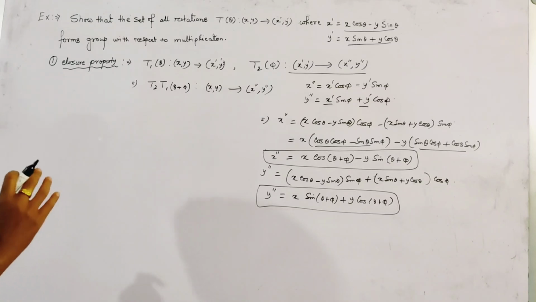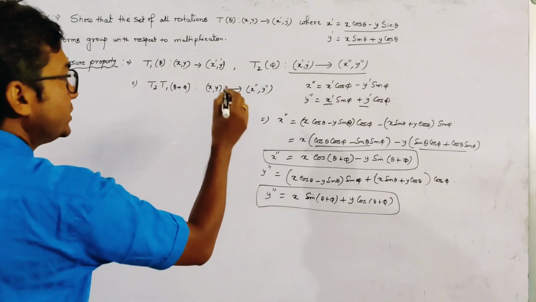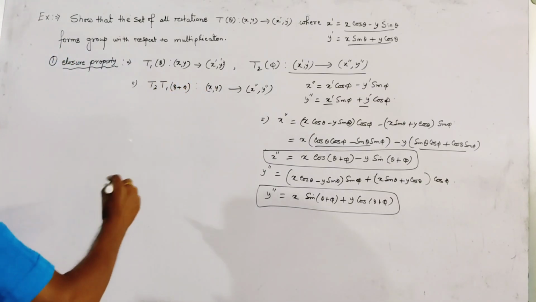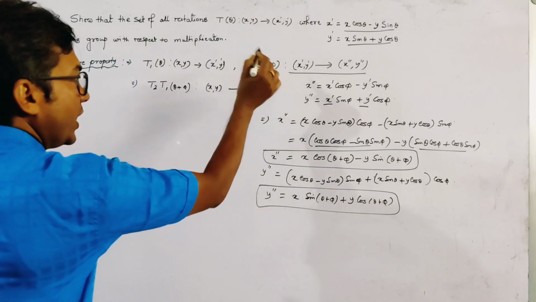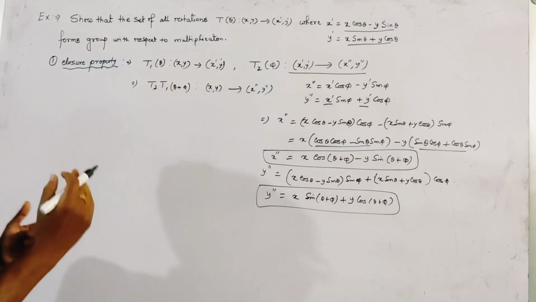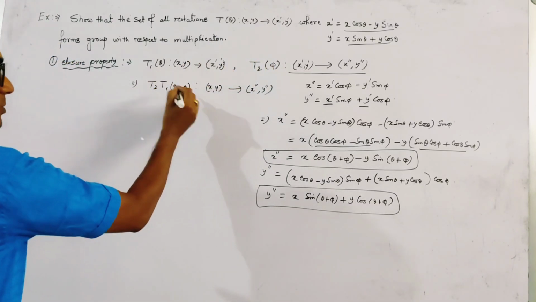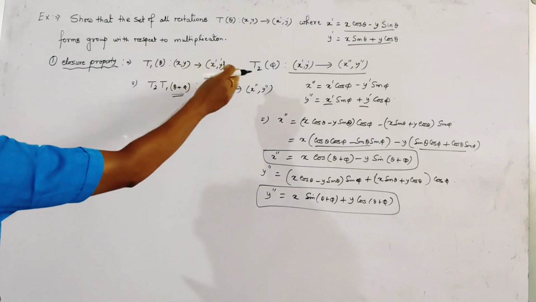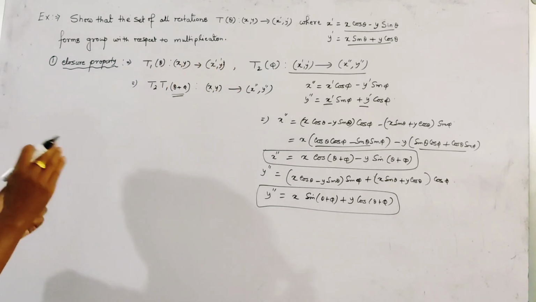So we say that the composition of two rotations by the angles theta and phi is also a rotation by the angle theta plus phi. So the composition of two rotations is also a rotation.